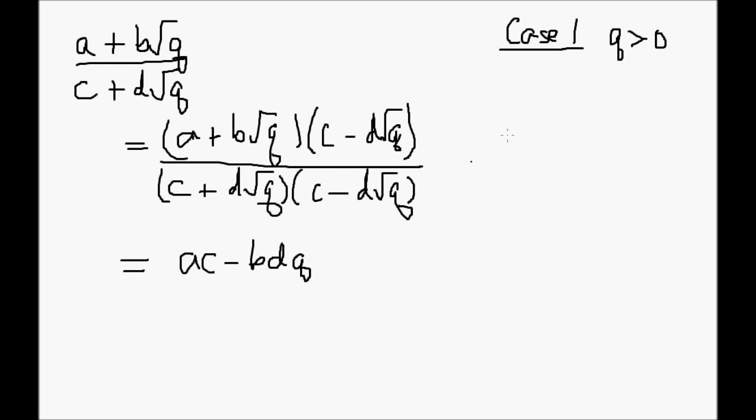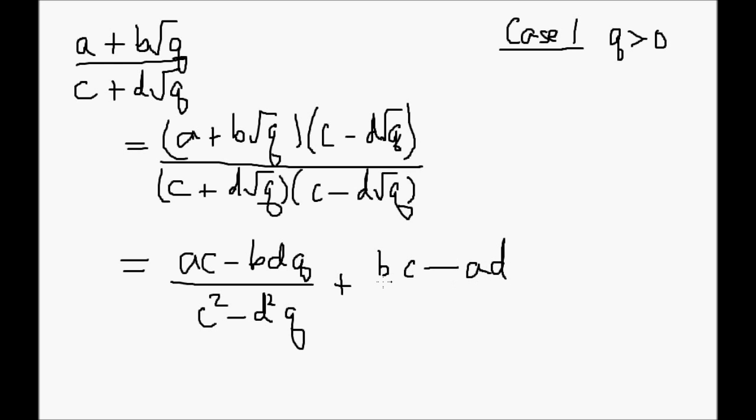And this works because we know that q is a positive number, divided by c squared minus d squared times q, plus, then we have the terms that have a square root of q in them, so that would be (bc minus ad) divided by (c squared minus d squared q) times the square root of q.